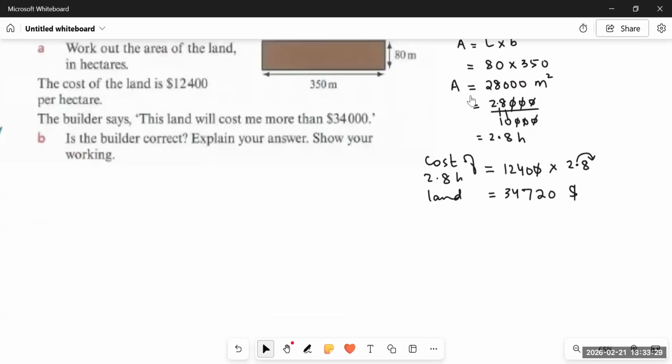The builder says that this land will cost me more than $34,000. So yes, the builder is absolutely correct, because it actually costs $34,720, which is $720 more than $34,000. So the builder's statement is absolutely correct.